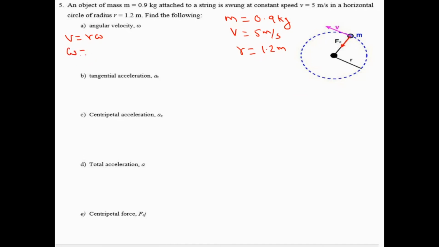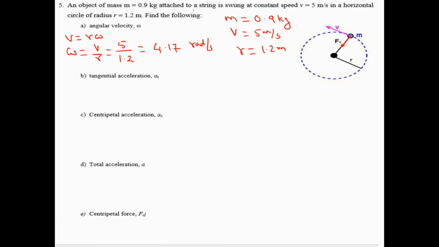Therefore, omega is equal to v over r, where v is 5 meter per second and r is 1.2. 5 over 1.2 gives 4.166, which I have rounded to 4.17 radian per second.